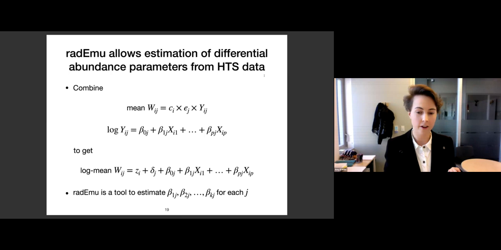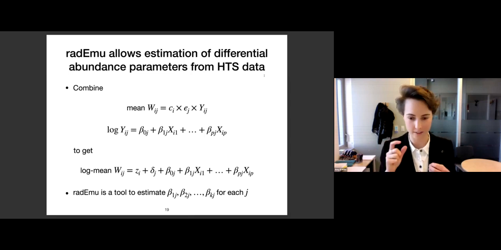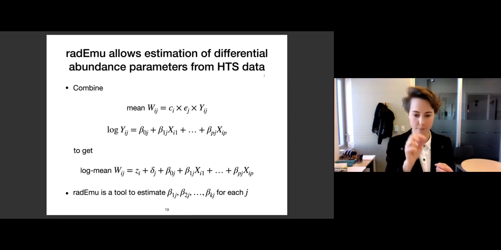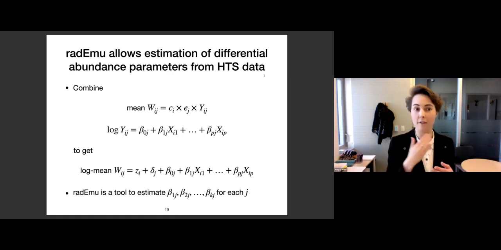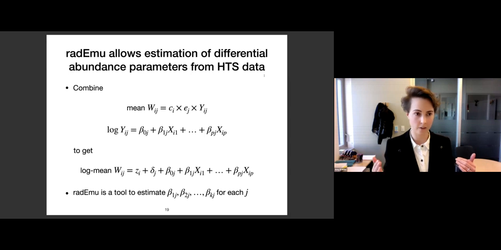And it turns out that we are able to estimate these across-covariate, across-sample-type contrasts, which are these betas, and specifically the beta_1J, the beta_2J, all the way up to the beta_PJ, and that's true for every single one of our biological units. Okay, so you can use this data that you have to learn about microbial abundances that you don't observe, which I think is pretty cool.